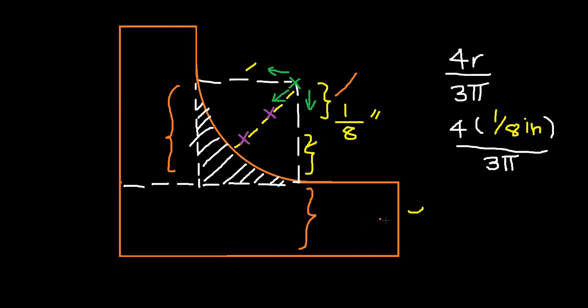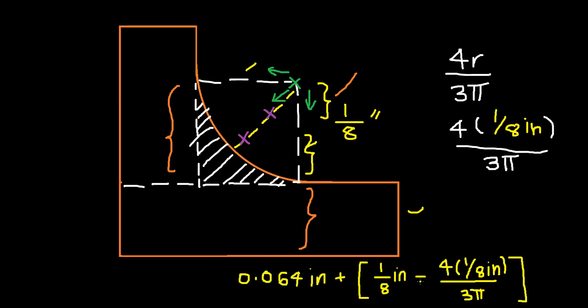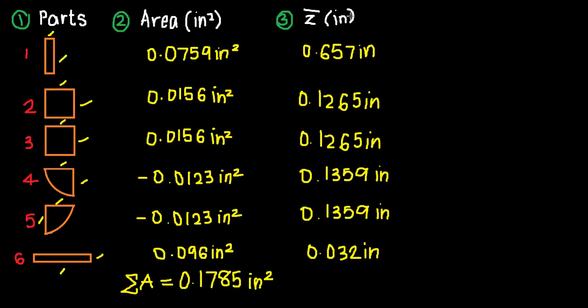So simply 0.064, the entire length, 1/8, minus our calculated value. So let's write that down to make it easier to understand. Okay, let's plug these values in. Alright, so we completed our positions.